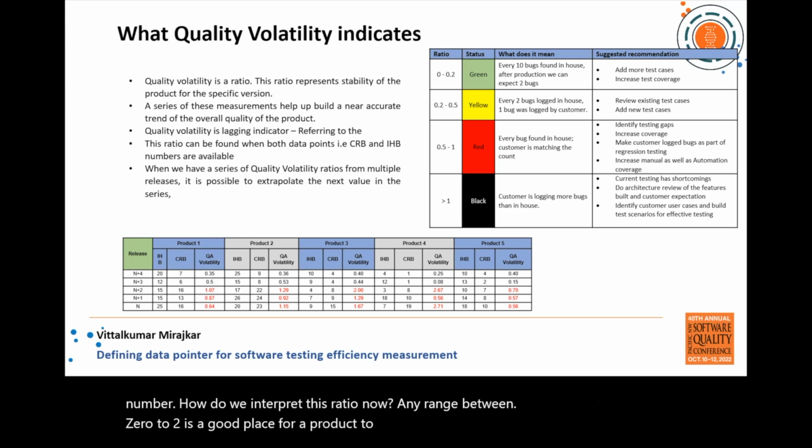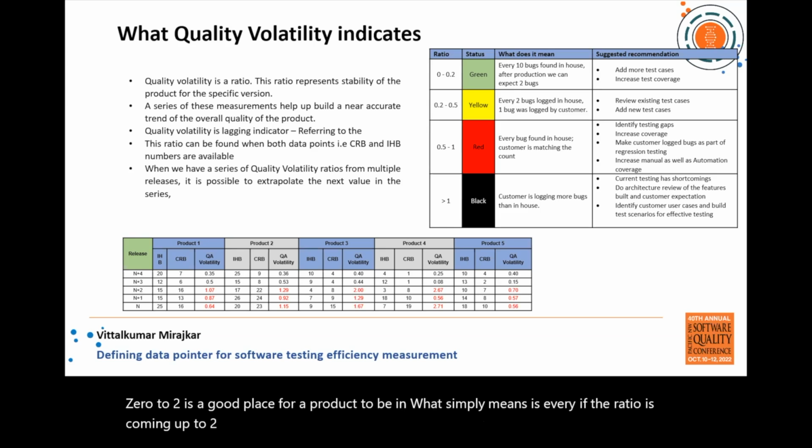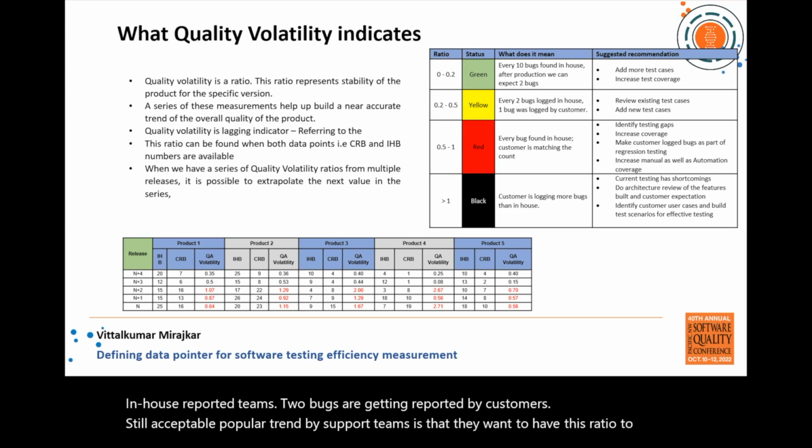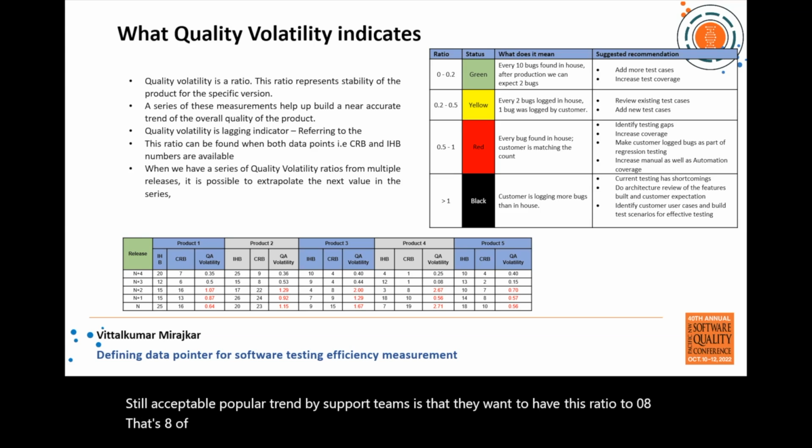It simply means that if the ratio is 0.2, for every 10 bugs logged by in-house teams, 2 bugs are getting reported by customers. Still acceptable. A popular trend among support teams is that they want this ratio to be 0.08. That's 8% of the count coming from customers.